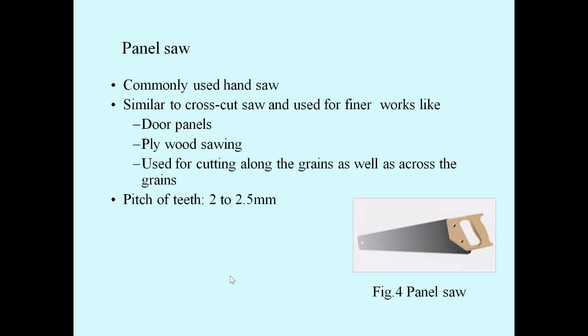The pitch of the teeth, the distance between two teeth, is about 2 to 2.5 mm, and there are 5 to 8 teeth per centimeter. Next, length of the blade is about 700 mm.